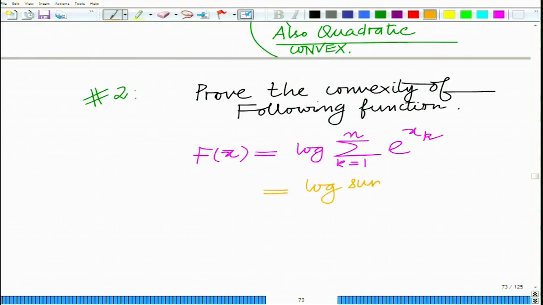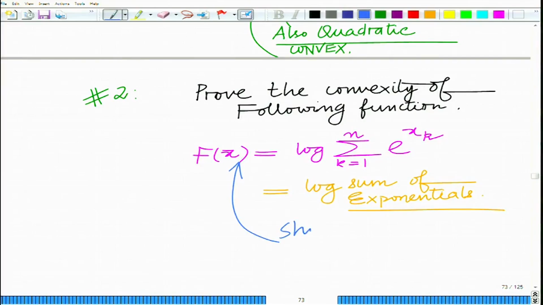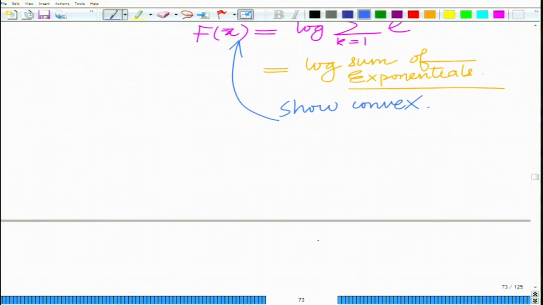It is a very interesting function that arises in several applications. What we want to show is that this function is convex.